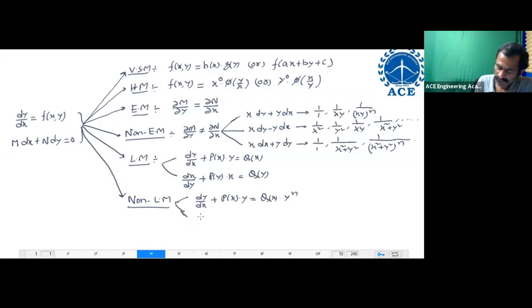The other type of non-linear is f dash of y into dy by dx plus P of x into f of y equal to Q of x. If you remember all these method conditions, then we can easily identify the method depending on the problem. Just by looking at the problem, we verify all these conditions and then we go to solve the problem.